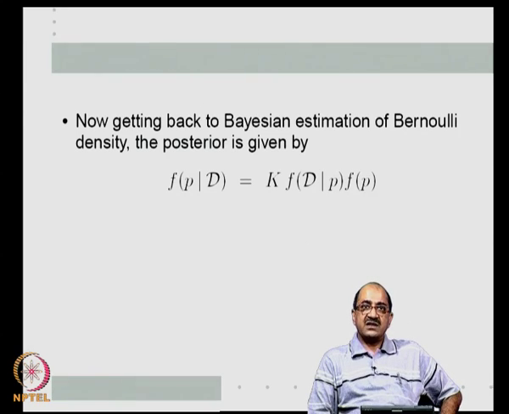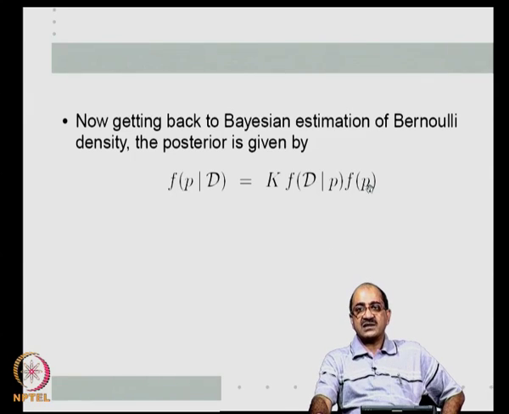So, the posterior density is given by f of p given d is f of d given p f p by some normalizing constant. I will just put that as k. So, f p given d is some constant k times f of d given p f p. Now, I can substitute f of d given p and f p. f p is the beta density, so it has some constant in terms of gamma functions.